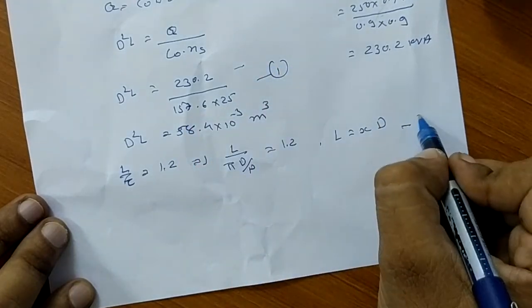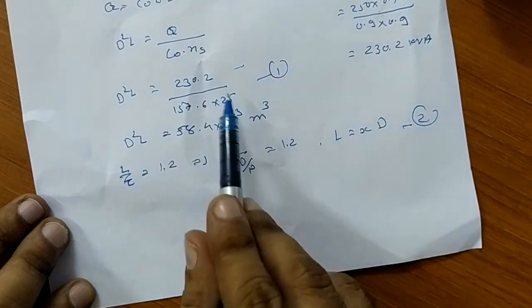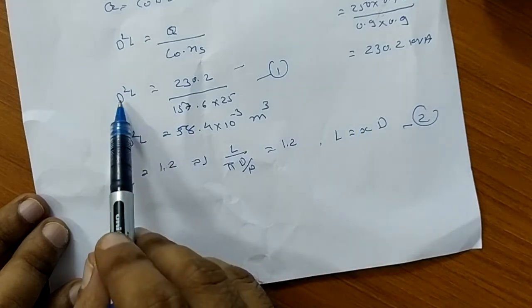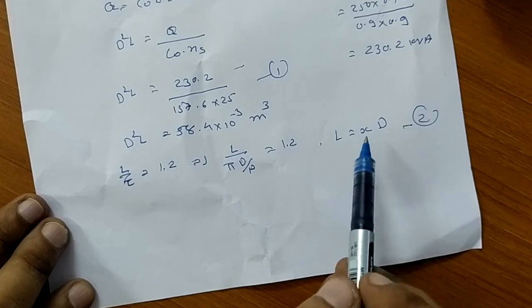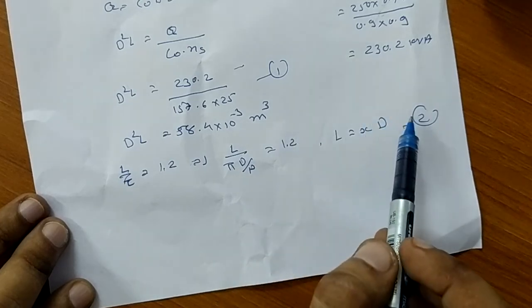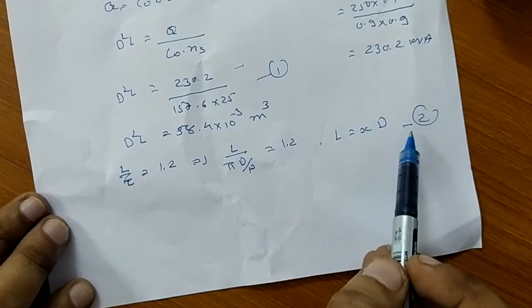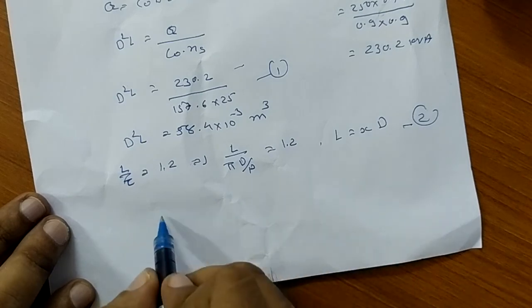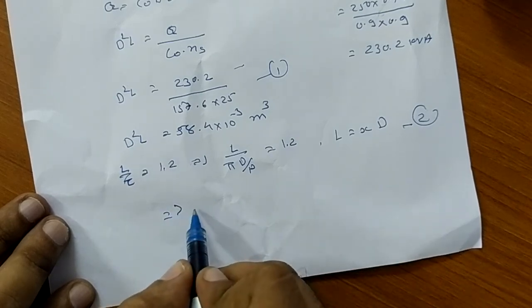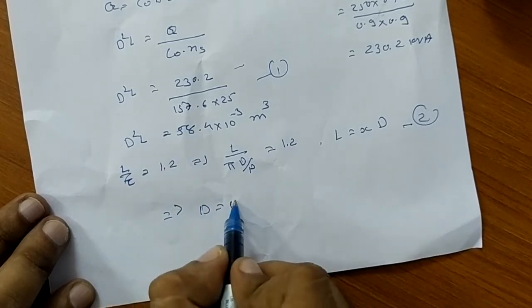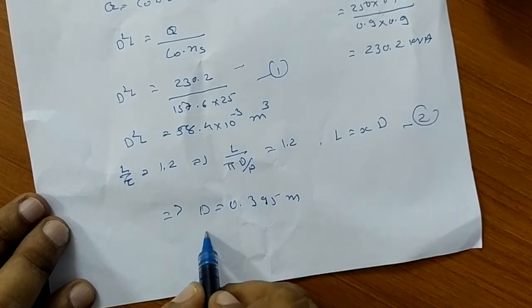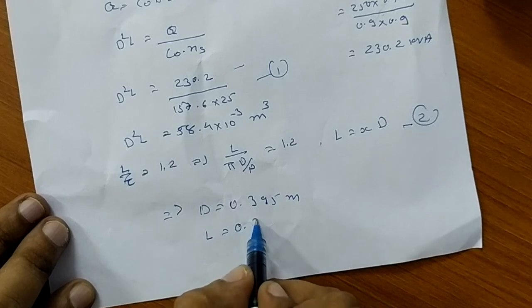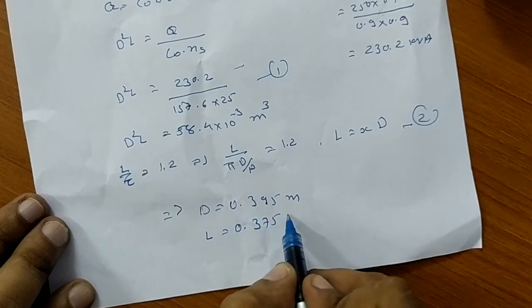If we relate these two, over here d square L is there and L is some value times D. From equation number 1 and 2 you can separate the value of D and L. Once you calculate it, you should have this answer, that your D is 0.395 meter and your capital L is 0.375 meter.